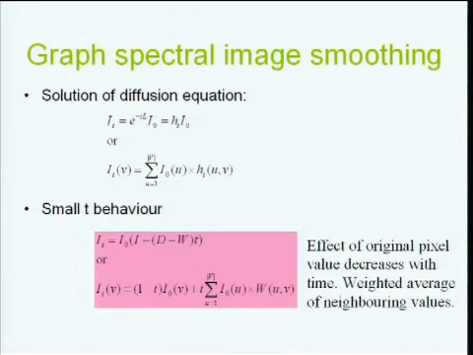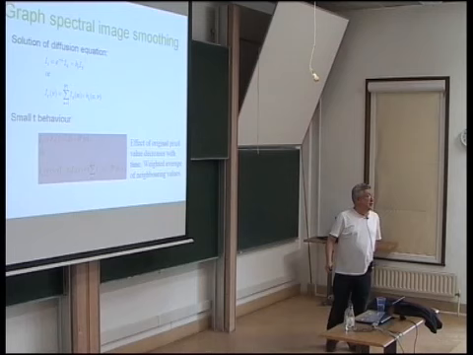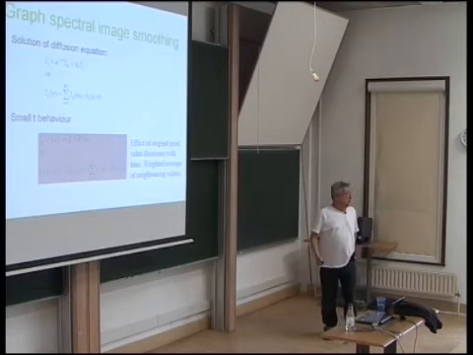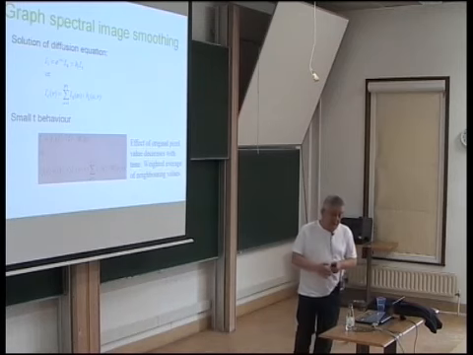And then I have t multiplying the convolution of the surrounding pixel values with the weight matrix. So the weight matrix here is forming a filter that smooths the image, and we multiply that by time and add it to 1 minus time times the initial value. So the initial values persist with decreasing effect as time increases, and as time increases, the weighted smoothing of the image begins to dominate.